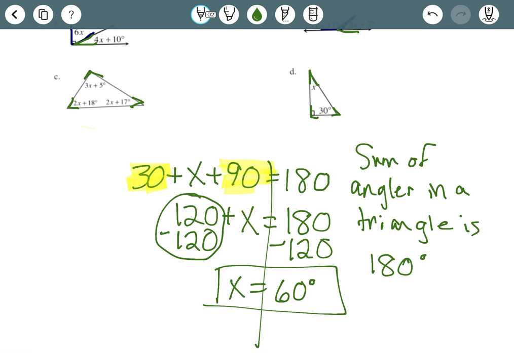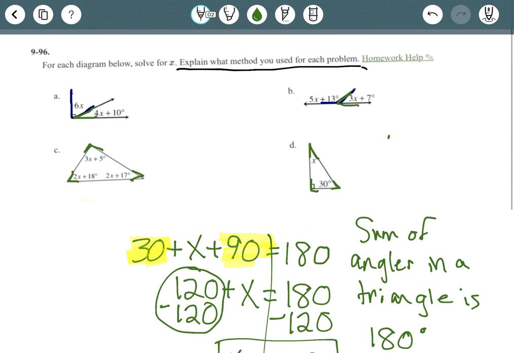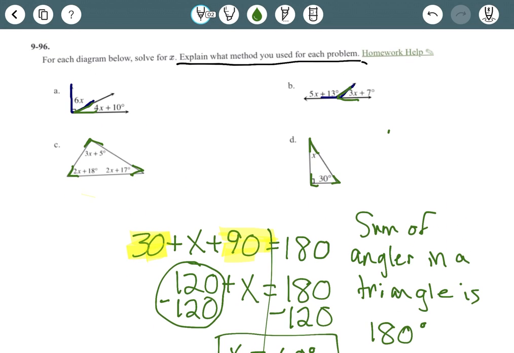That's all you have to say. And yes, even though it is the same method as we use for C, yes, you do have to write it again. It doesn't hurt. It just helps to really solidify that idea or that concept in your brain. So do write that down as well. And that is all for 996.